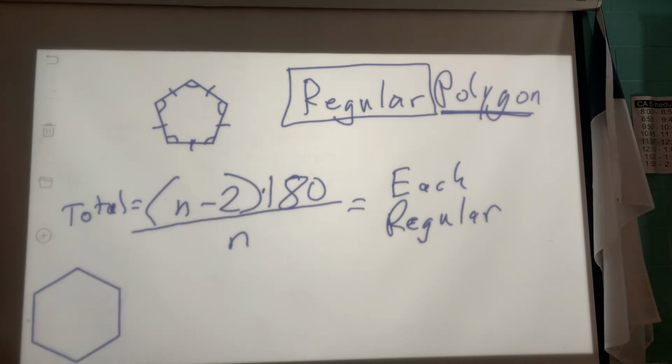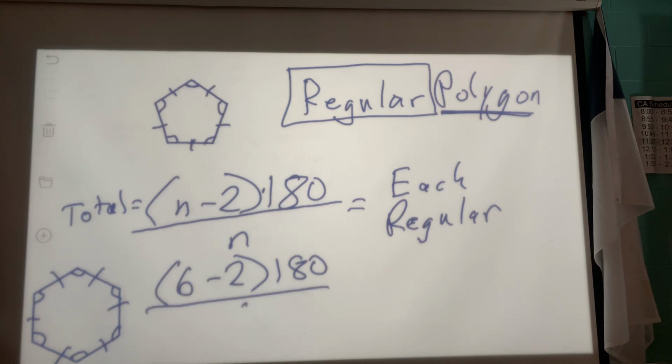All right, and so if I take this 6-sided figure to where all the angles are going to match, then I would substitute in place of the n the number 6. Now everything else in the formula stays exactly the same. But again, I'm going to put a 6 in the denominator, in place of the n, because I'm going to divide that total, all of them added together, divide by how many there are, and that will cut it up into equals.